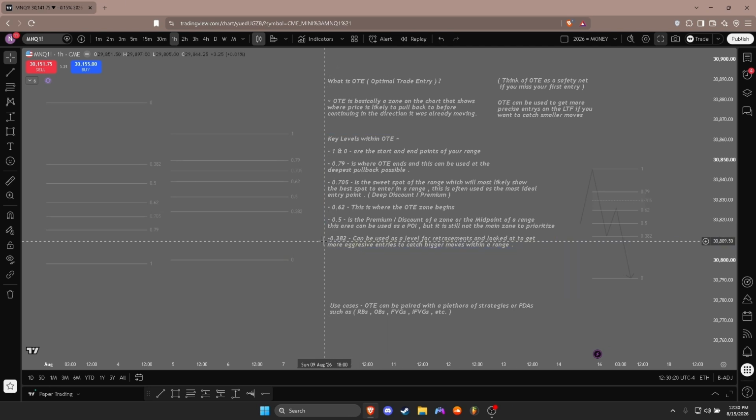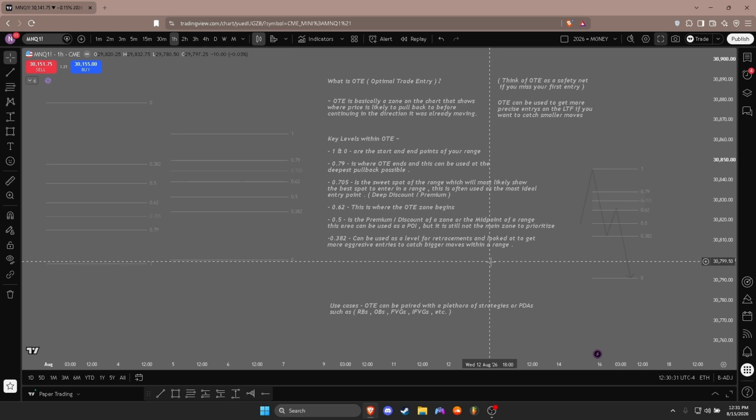And lastly, 0.382 can be used as a level for retracements and looked at to get more aggressive entries or to catch bigger moves within a range. Sometimes we'll have reactions off the 0.382 where we could maybe catch reversals.